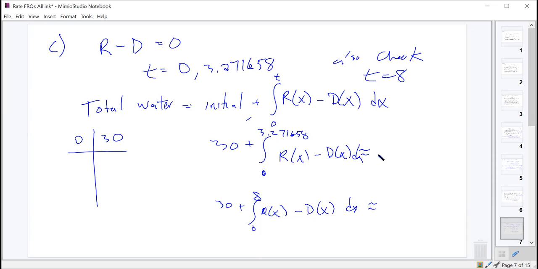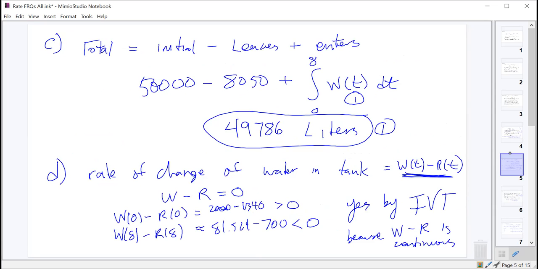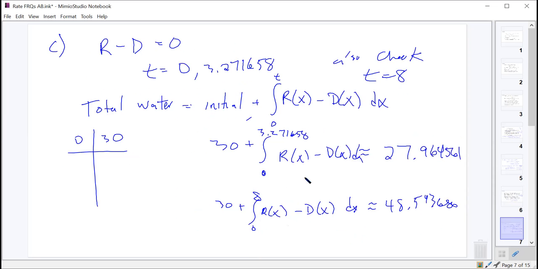Looks like at 3.2 whatever, it was 27.964561. And at 8, it was 48.543686. They were asking us for a minimum, so they want to know at what time t we were at a minimum. So we were at a minimum at this t value.